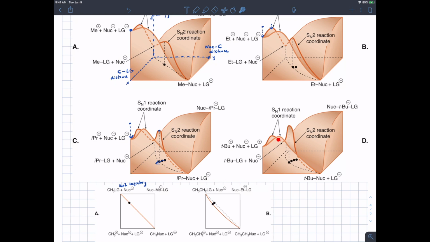Now, if you really turned up the kinetic energy, maybe you could go over that hill.